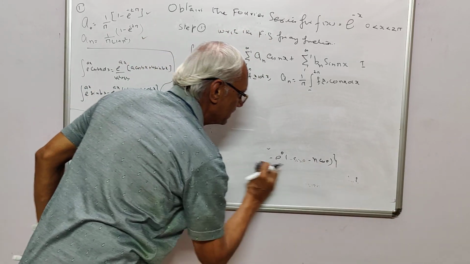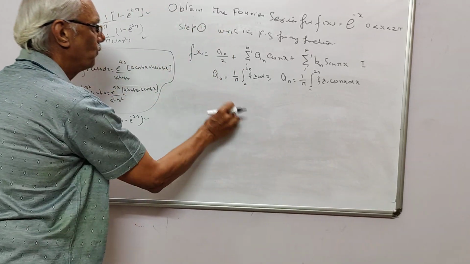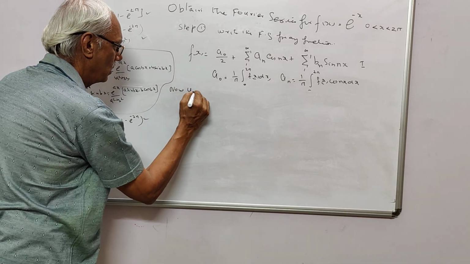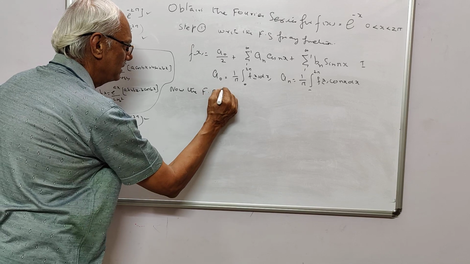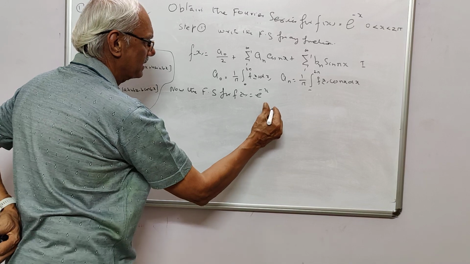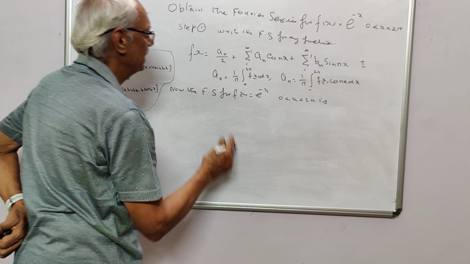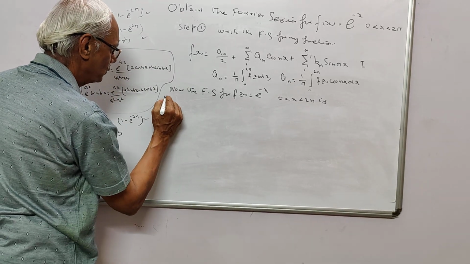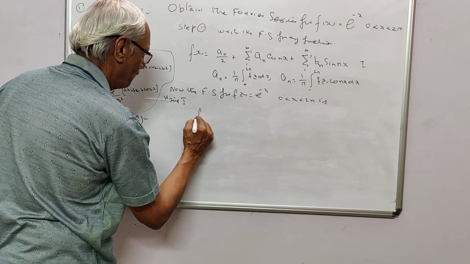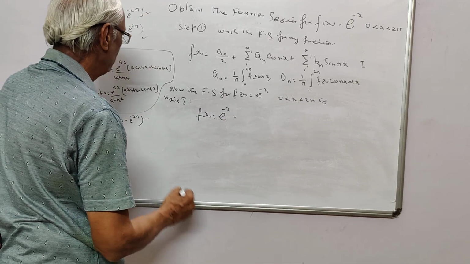Now the Fourier series for f of x is equal to e to the power of minus x, 0 less than x less than 2 pi, is this one, using 1. f of x is equal to e to the power of minus x is equal to a naught by 2.